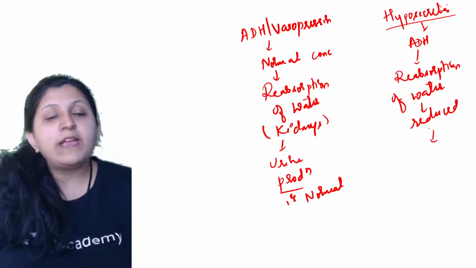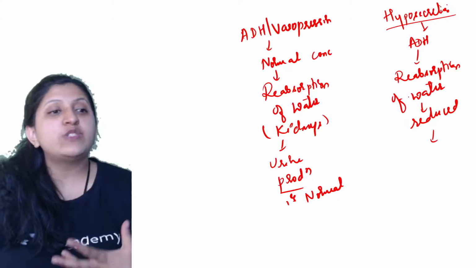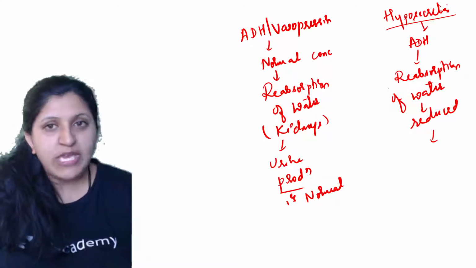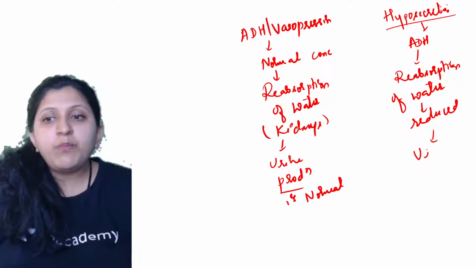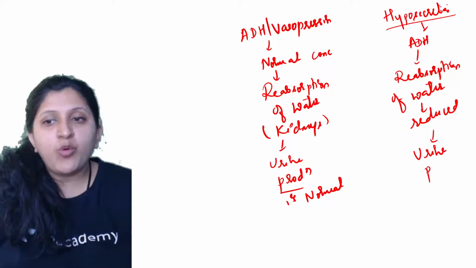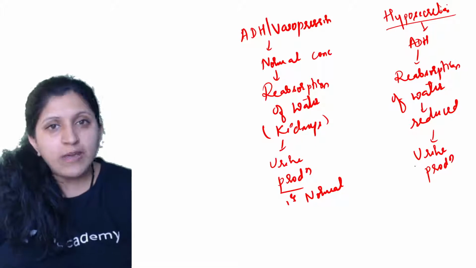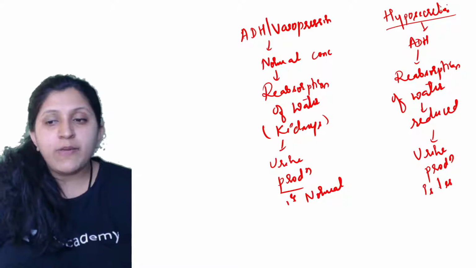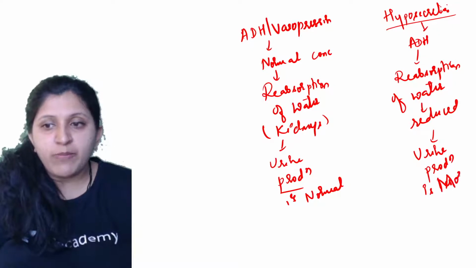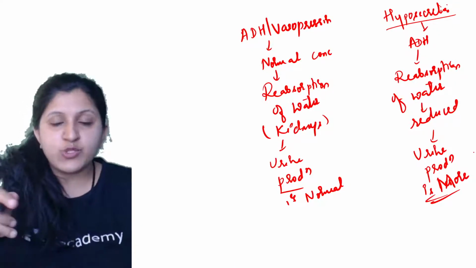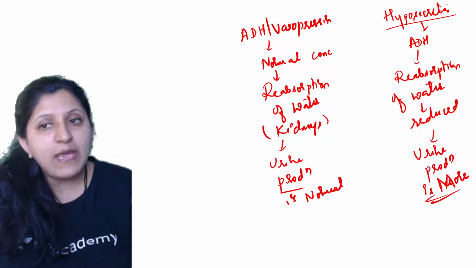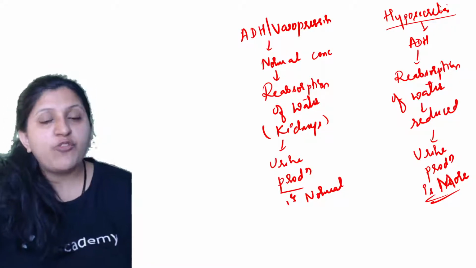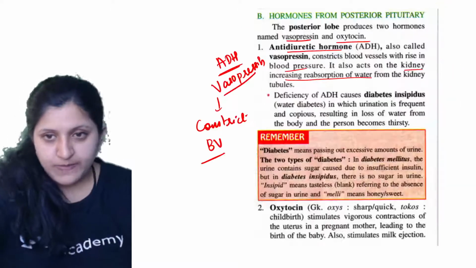Since water is not being absorbed, there is more urine formation. So urine production will be more in this case. That is with respect to hyposecretion. With hypersecretion, instead of more urine, it will be less urine.